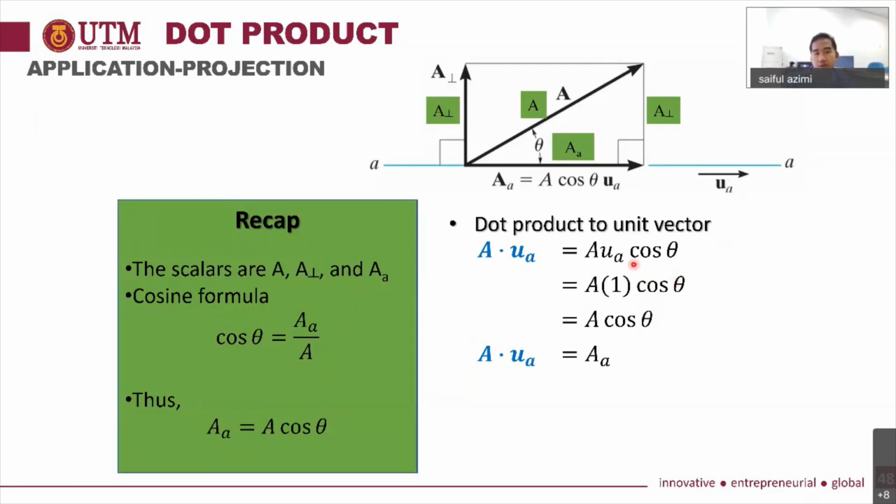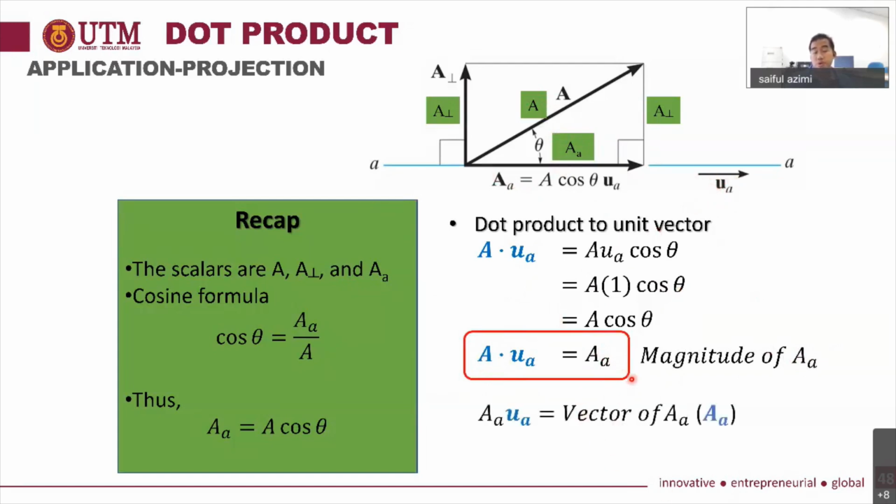So let's say the unit vector UA equals 1. You use A, the magnitude of A, multiplied by 1 and cos theta, and you get A cos theta. So this dot product is also equal to the magnitude of vector AA. So the magnitude of vector AA is equal to the vector A multiplied by the vector UA.